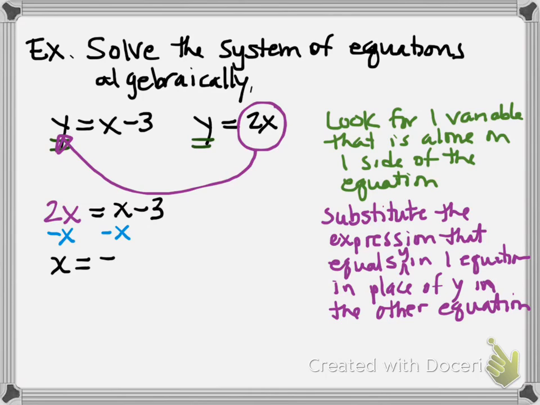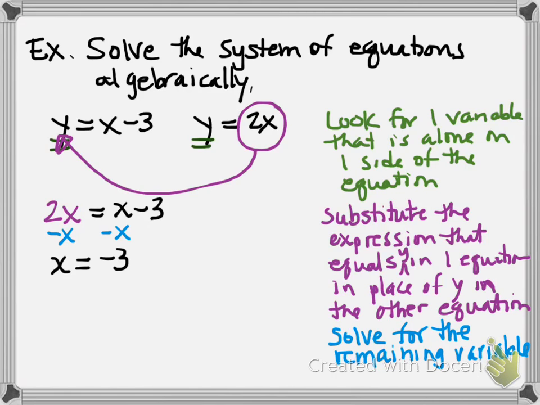X. So basically what you just did in that step is you solved for one coordinate of your solution. You solved for the remaining variable. So what I just figured out was x equals -3.